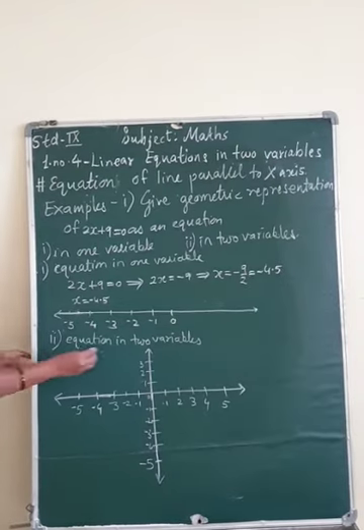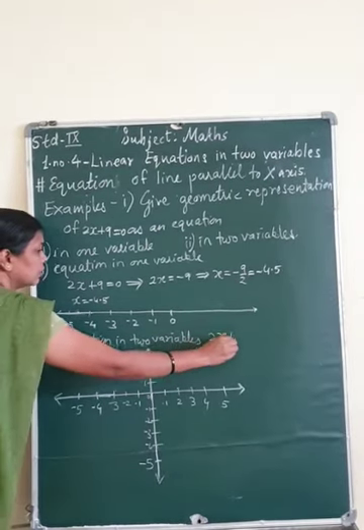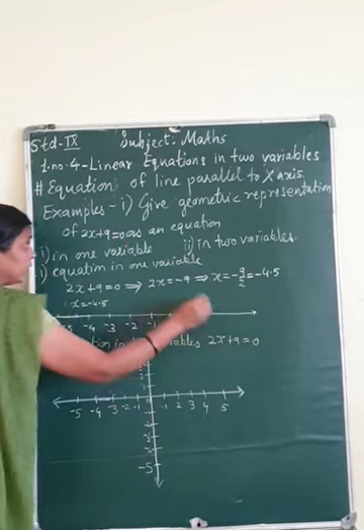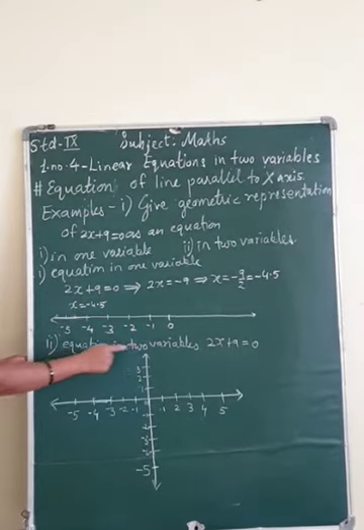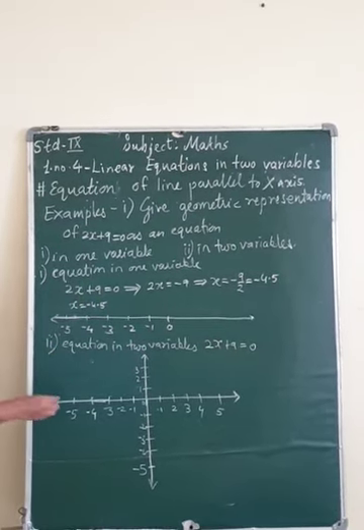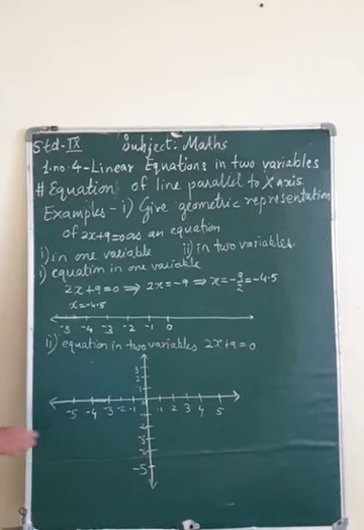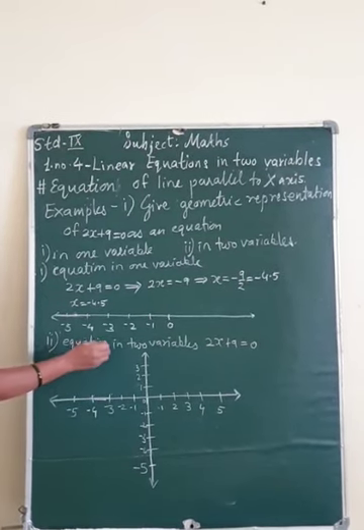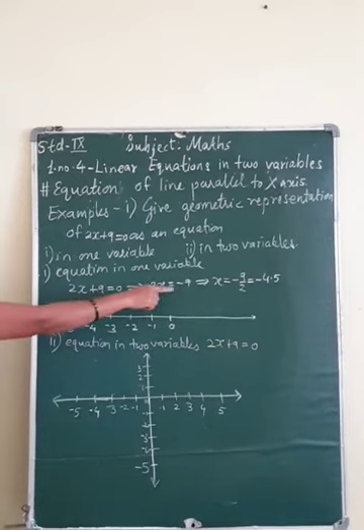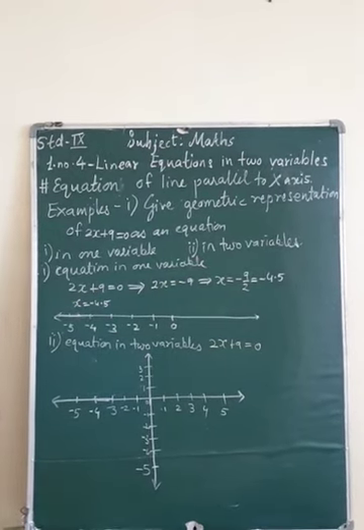Now the same equation 2x plus 9 is equal to 0 is to be represented in two variables. First we need to draw a Cartesian plane. The solution of this is x is equal to minus 4.5.